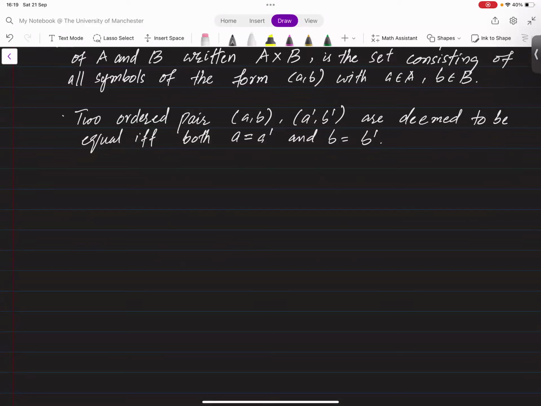And we can also form the Cartesian product of more than two sets in a similar way as we did the union. Now let's talk about finite sets.